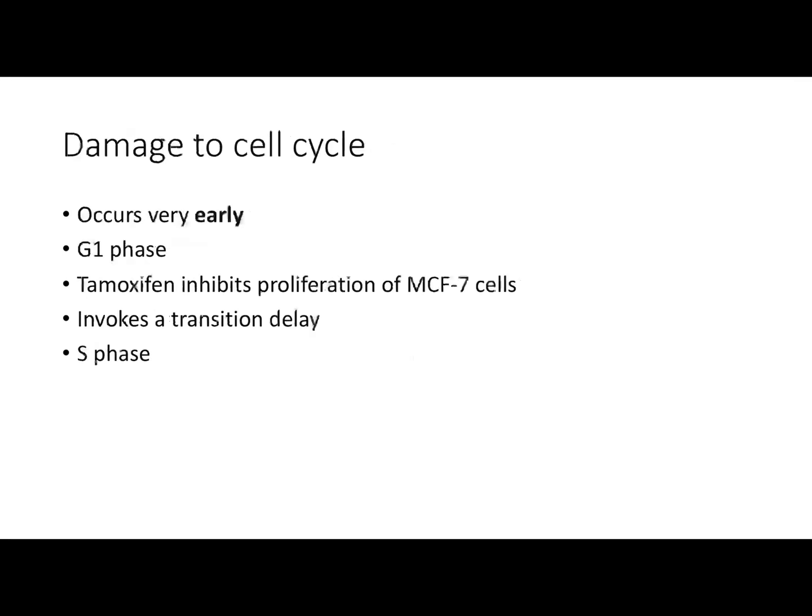So now to speak about the damage that it does to the cell cycle. Studies have shown that tamoxifen inhibits proliferation of the MCF7 breast cancer cells by invoking a transition delay very early in the G1 phase of the cell cycle. The treated thymidine labeling index is markedly reduced by tamoxifen, and it indicates a reduction in the fraction of cells in the S phase.